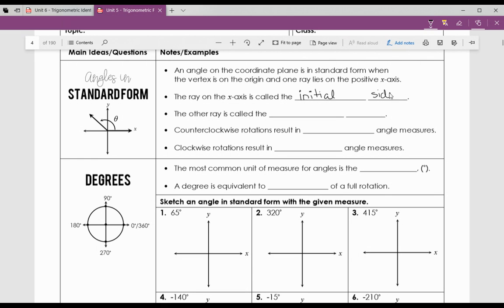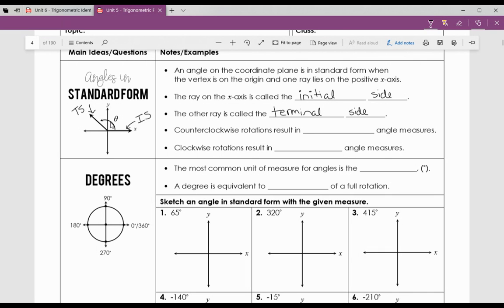So basically the positive x-axis is where we start the majority of our rotations. The other ray is called the terminal side because that's where you terminate. So this is the initial side, and this ray would be the terminal side.